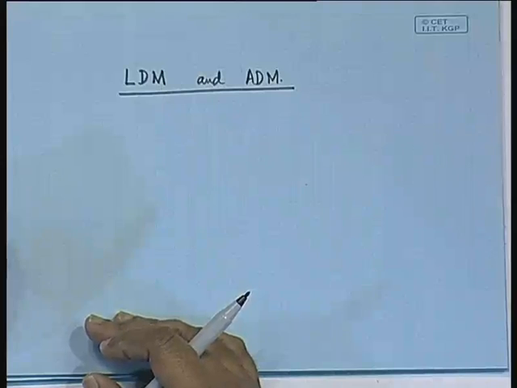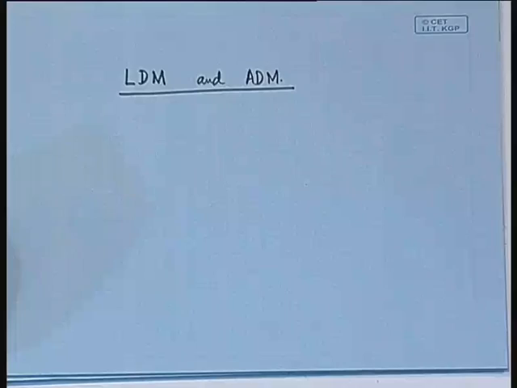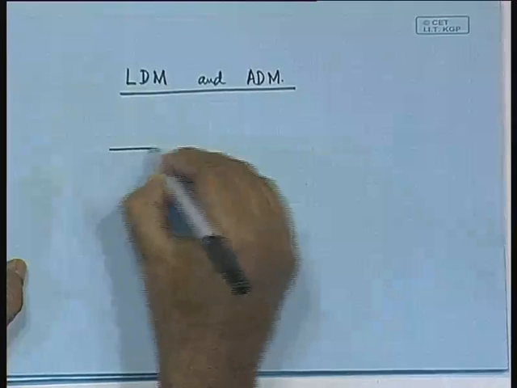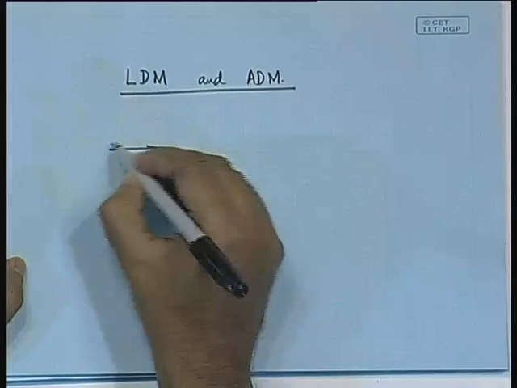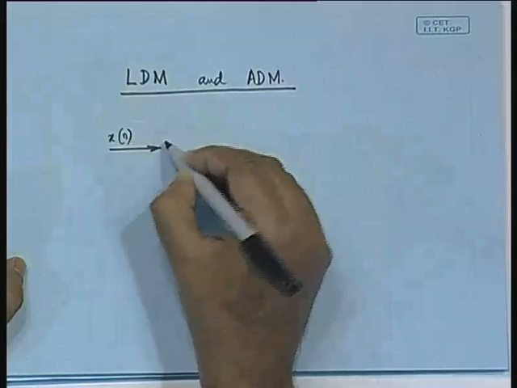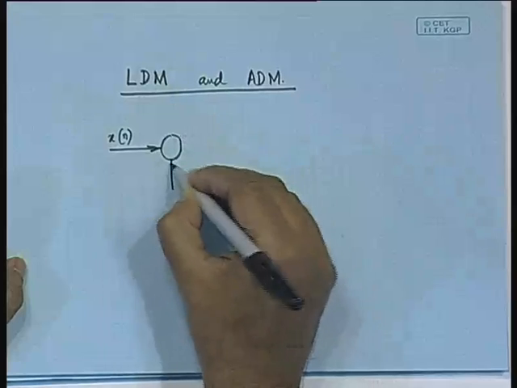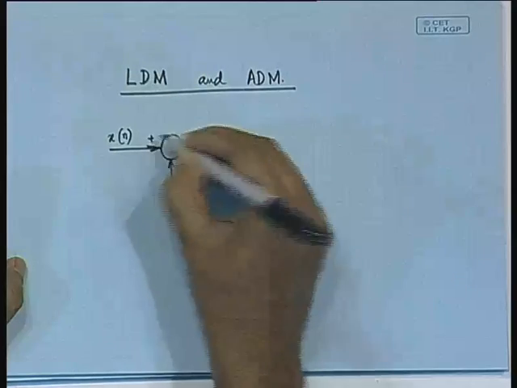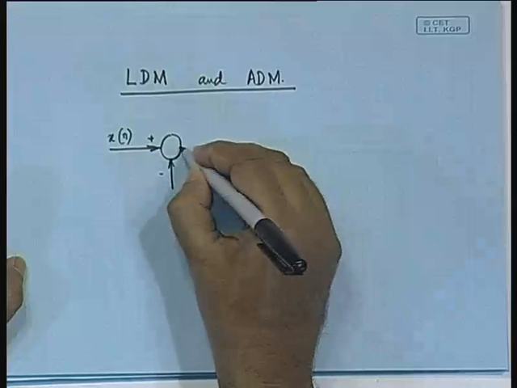So, first let us see what exactly we are going to have for the linear delta modulator. Okay. Now, for that purpose, let us first see the linear delta modulator, and its block diagram would be something like this. At the input to the linear delta modulator, we are going to have x of n, and then we will be having a summer block which has plus and minus over here.